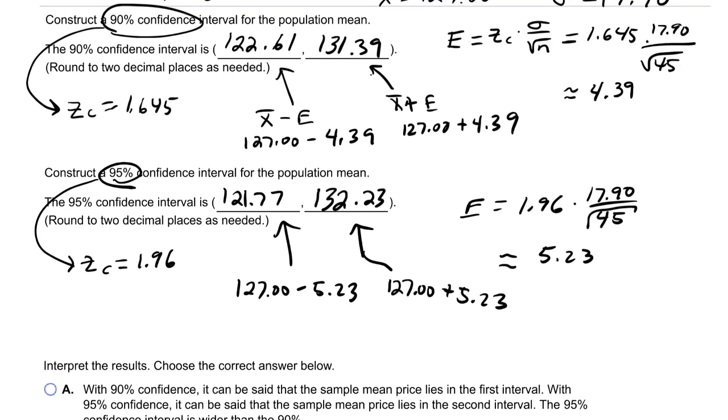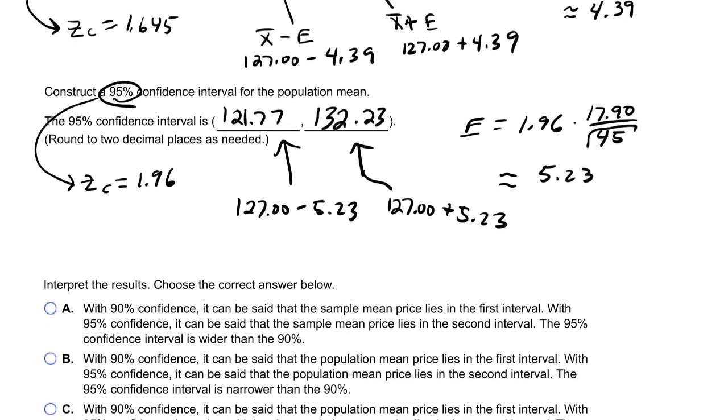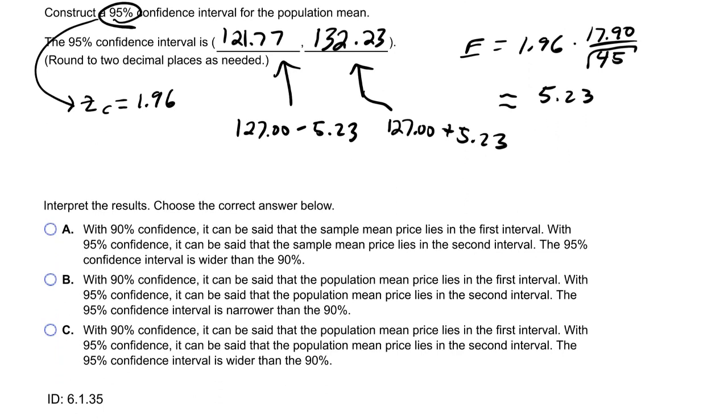Okay, so then if we look, let's compare. Notice that the 90% confidence interval went from about 122.6 to about 131.4, and the 95% confidence level is a bit wider, goes from about 121.7 or 121.8 to 132.2-ish. So what could we say here? Well, it's actually C here.